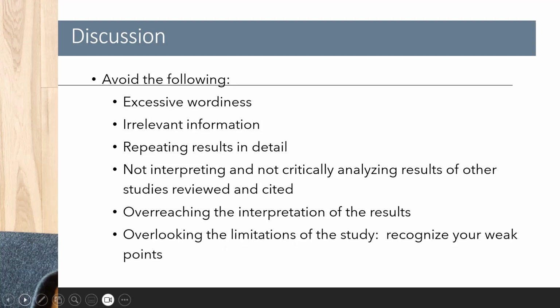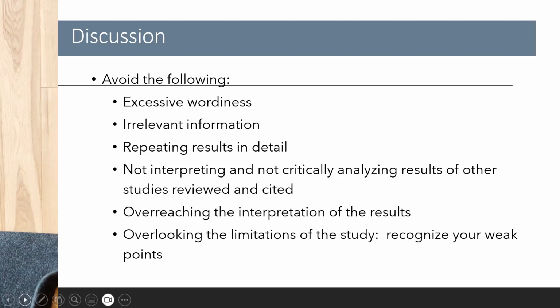In writing the discussion, remember to avoid the following: excessive wordiness, irrelevant information, repeating the results in detail when you've already done so, and not interpreting and critically analyzing the results of other studies that you've reviewed and cited.